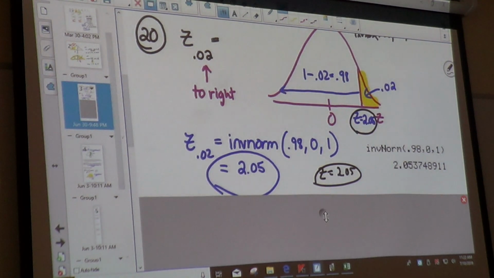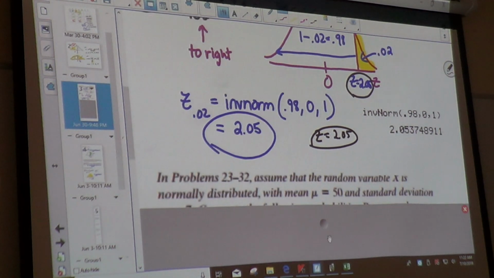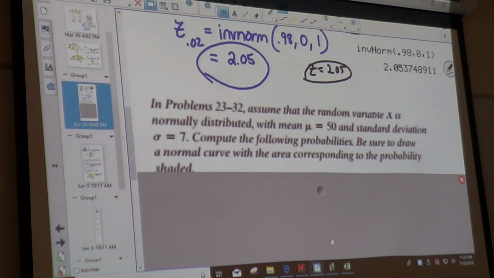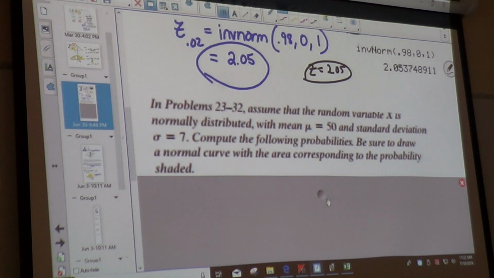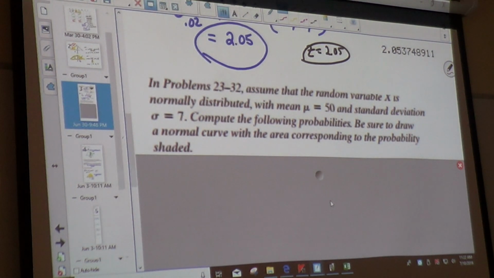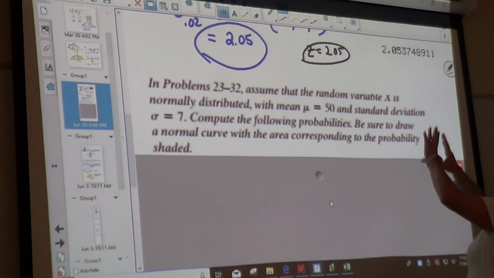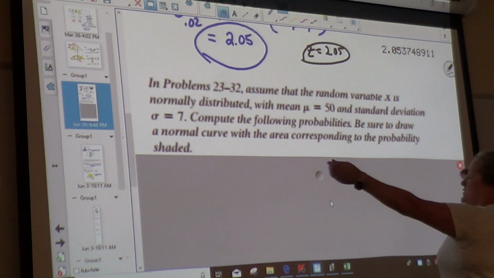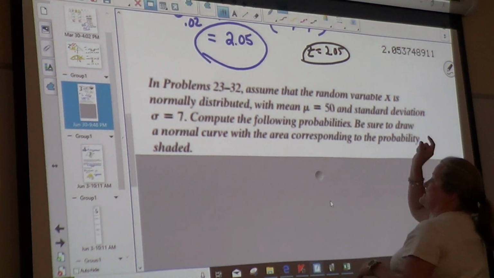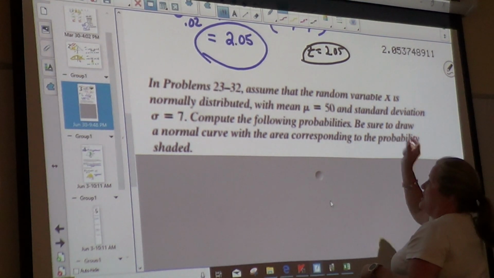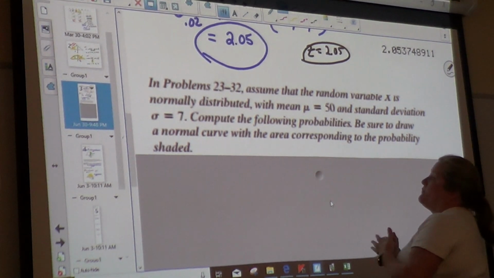All right, let's look at another one. This is how they're going to look on your homework. They're going to be wordy, ugly. Assume that a random variable x has a normal distribution with a mean of 50 and a standard deviation of 7. Compute the following probabilities.